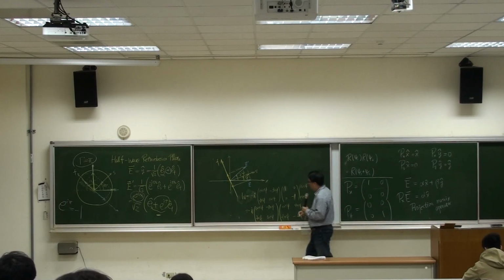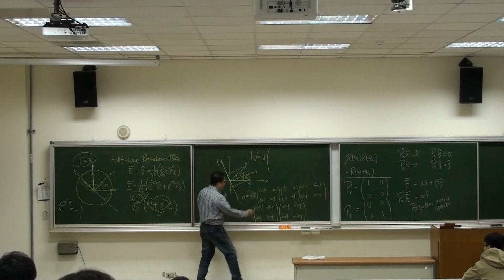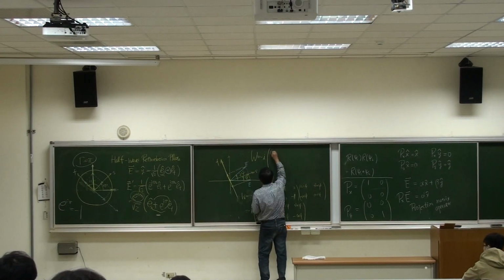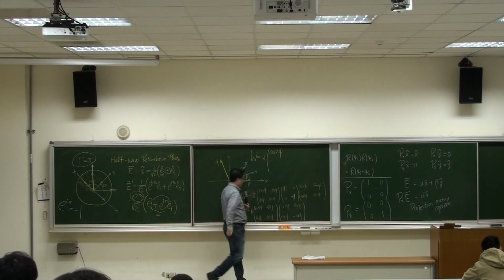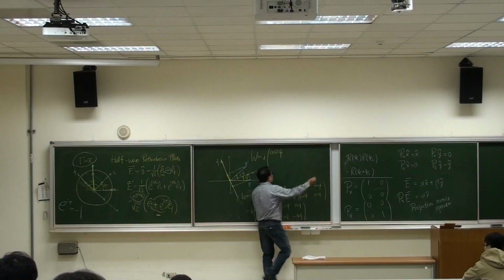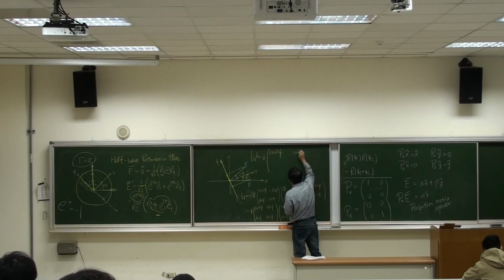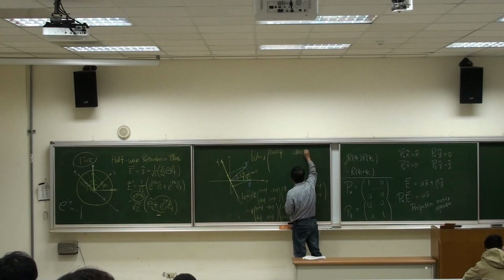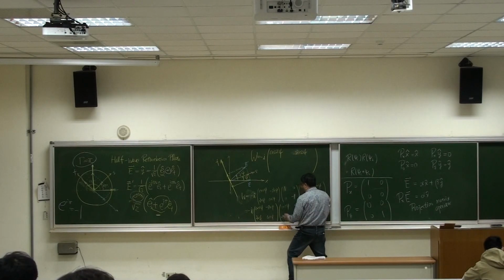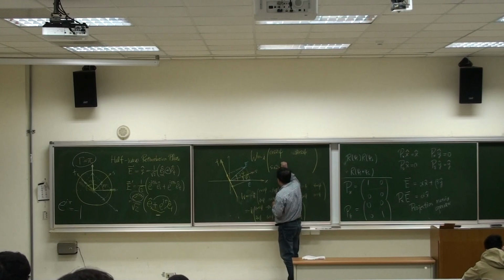And what is this? W is minus i times cosine squared minus sine squared, which is cosine 2 psi. Two sine cosine means sine 2 psi.